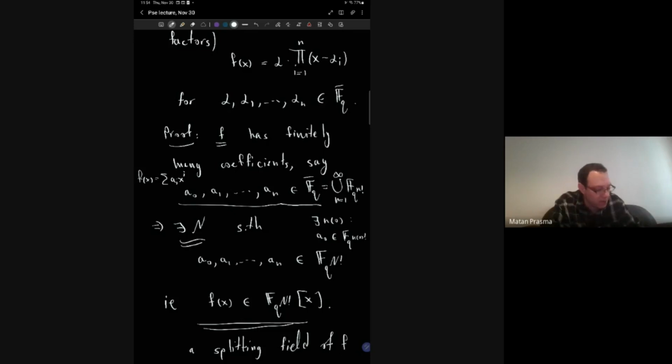Basically, you could take n to be the product of all the n_i, and you get some stage of the tower for which all of the coefficients of the polynomial f are in this stage.